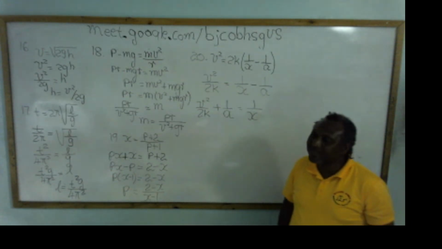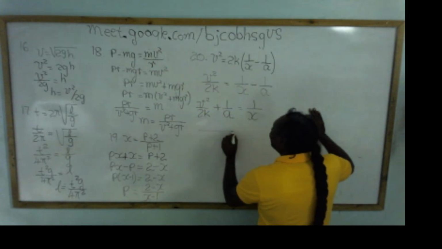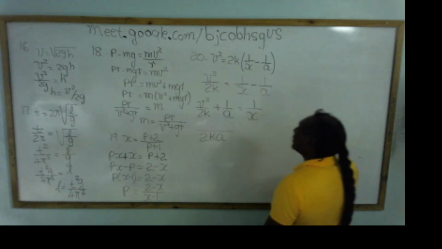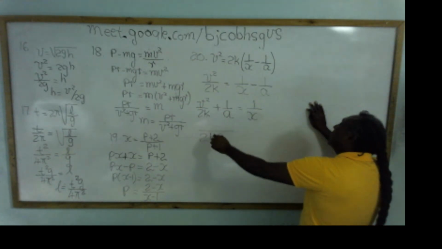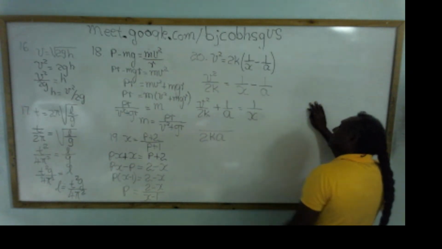So what do we do first? We convert this side to a single fraction by taking a common denominator. Something that the 2k can divide into, and something that the a will divide into also.